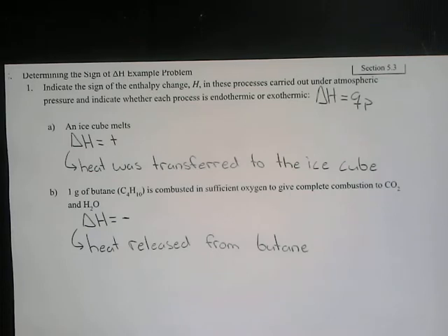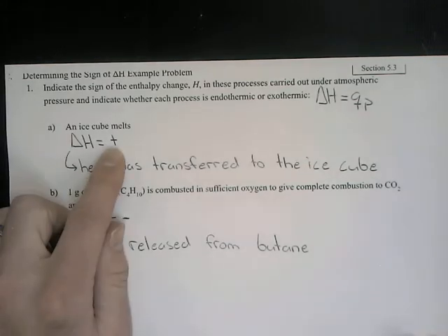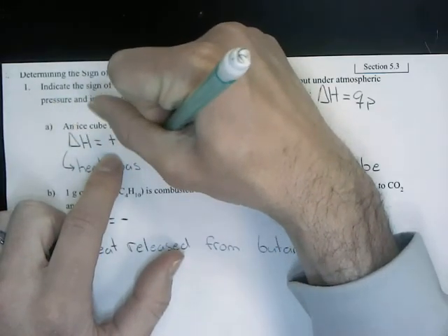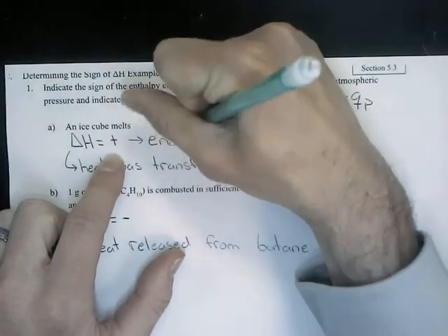Now, we're not quite done here because I want to correlate the plus and minus signs of delta H to exo and endothermic. A positive delta H here means that we have heat flow into or an endothermic process.